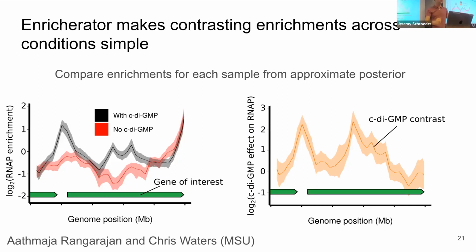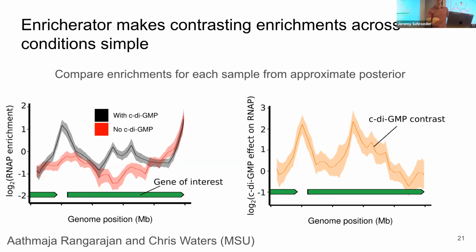For every sample, we can calculate the difference between these conditions, or the contrast between these conditions. What that then gives us is samples of the difference from which we can get our point estimate of that effect of interest and our 90% credible interval of the effect of interest. And again, we're basically getting this intuitive look at the actual factor that the biologist wants to know about for free because we're using Bayesian inference here.